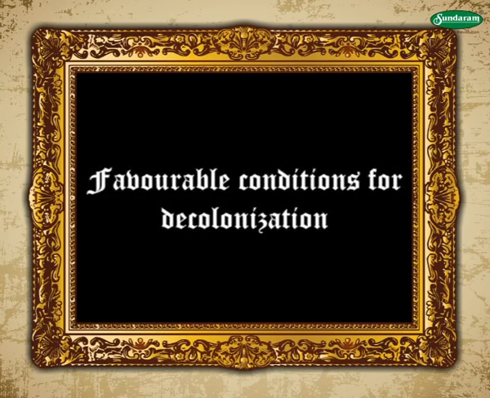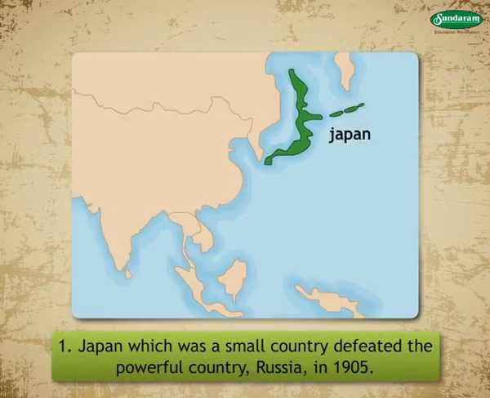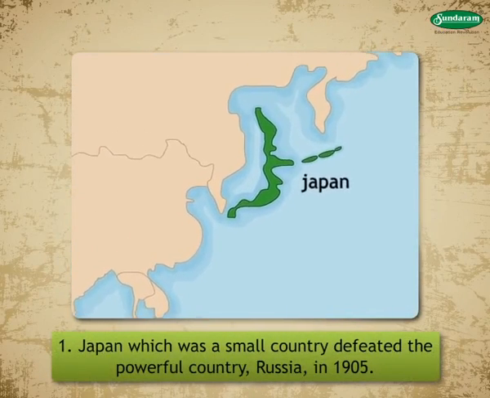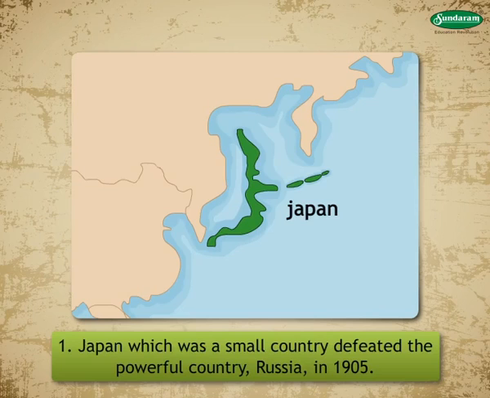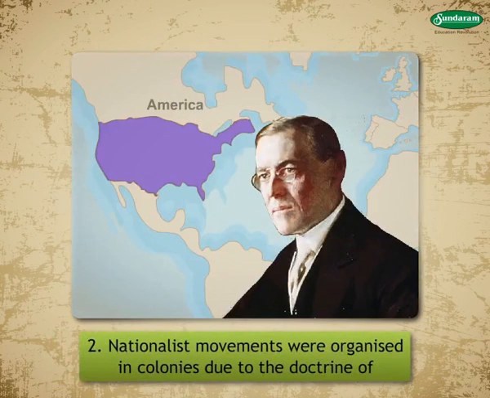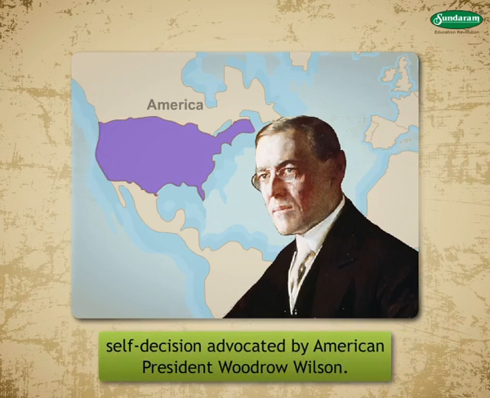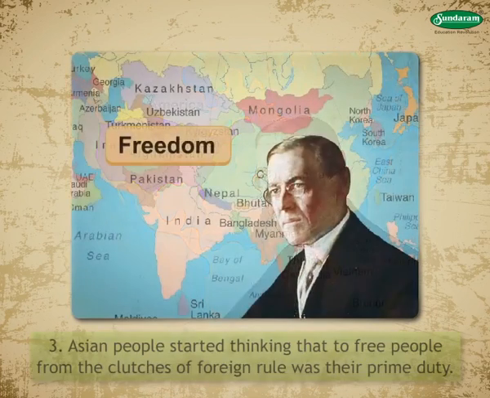Favorable conditions for decolonization. 1. Japan, which was a small country, defeated the powerful country Russia in 1905. 2. Nationalist movements were organized in colonies due to the doctrine of self-decision advocated by American President Woodrow Wilson. 3.